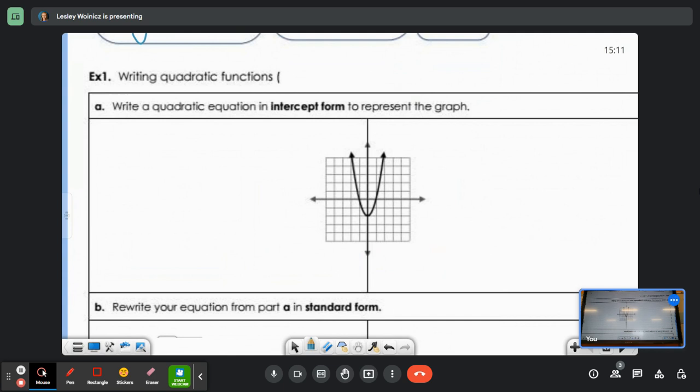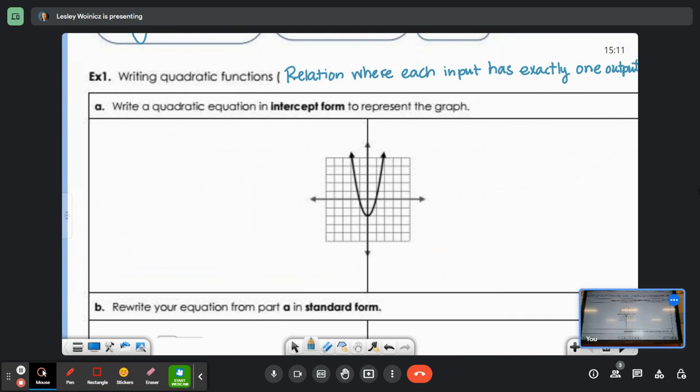It is a relation where each input has exactly one output. Good.